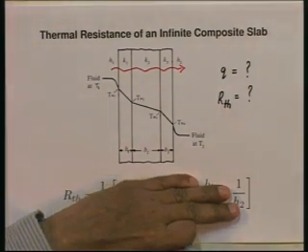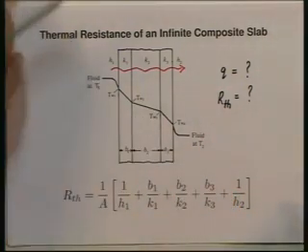Now, the first thing you recognize is that for analyzing this slab, we need to recognize first of all that there are 5 thermal resistances in the path of the heat flow. What are the 5 thermal resistances in the path of the heat flow?